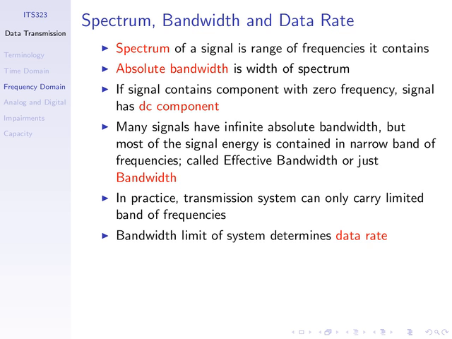So in theory, a signal has an absolute bandwidth. In practice, many signals have their bandwidth limited by the transmission equipment because we cannot transmit an infinite number of frequencies, and we get what's called the effective bandwidth, or what's just known as the bandwidth.